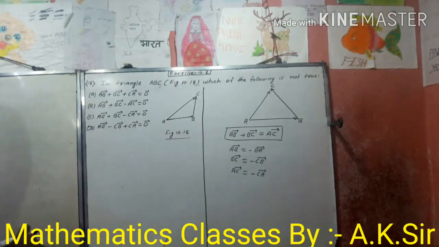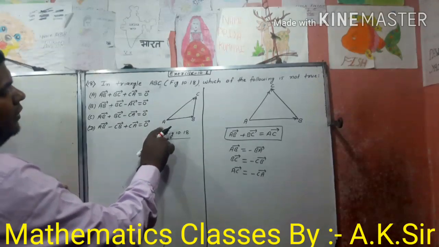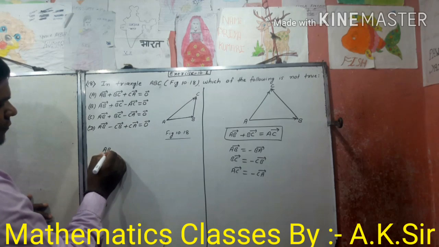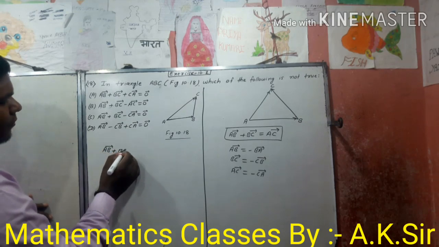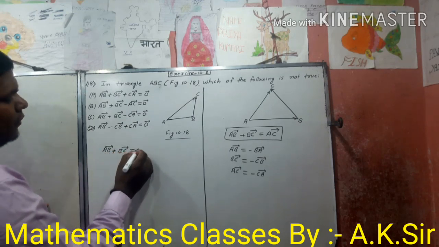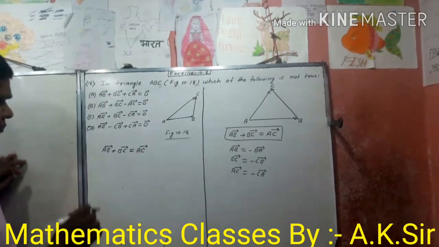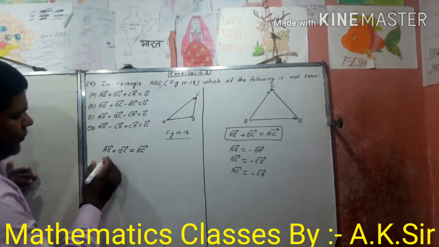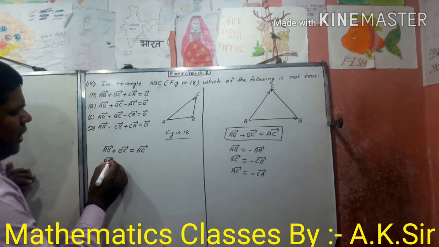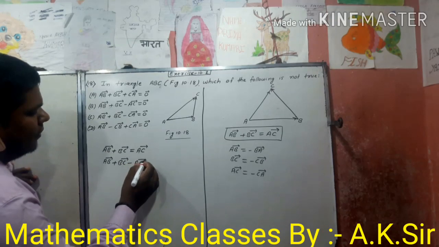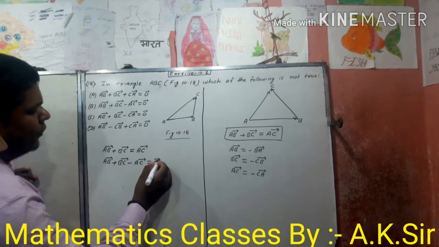Now, in triangle ABC, we can write AB vector plus BC vector is equal to AC vector. It means AB vector plus BC vector minus AC vector is equal to 0 vector.